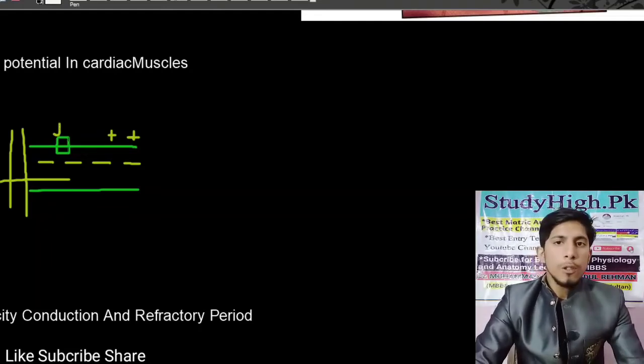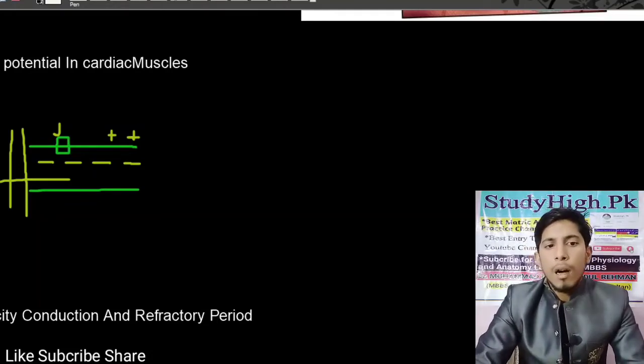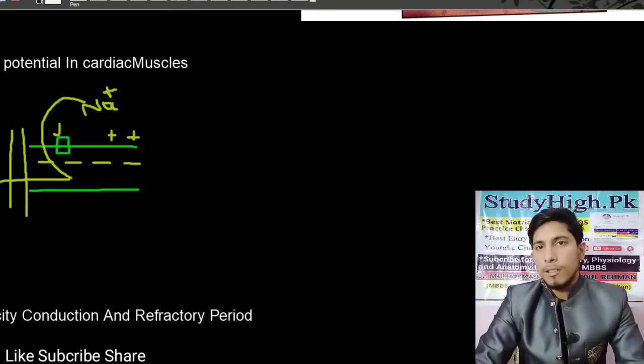When the threshold potential for opening of the sodium channel is reached, a large number of sodium ions present outside, in the extracellular matrix of this muscle cell, will start moving into the cell through the sodium channel.